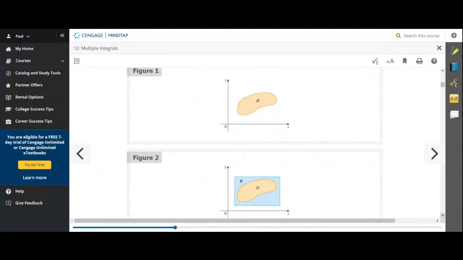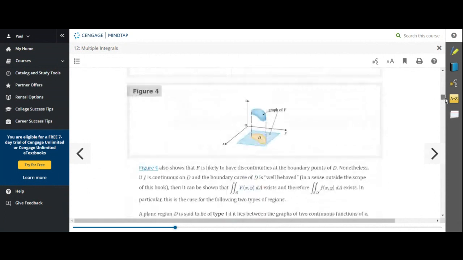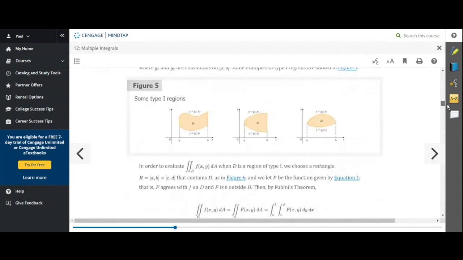Okay, so like they have here in figure 1 and figure 2, general regions. So, without getting too complicated here, let me just show you some type 1 regions. So in figure 5 here, you have what are called type 1 regions.